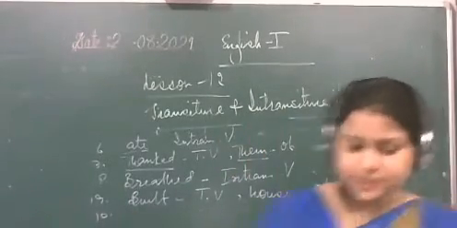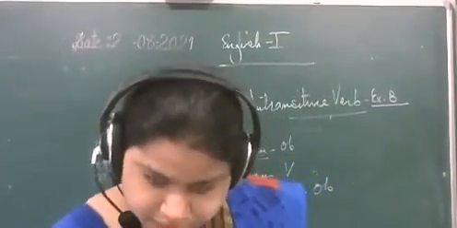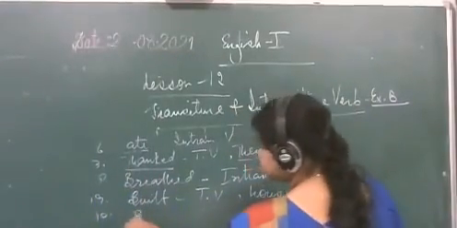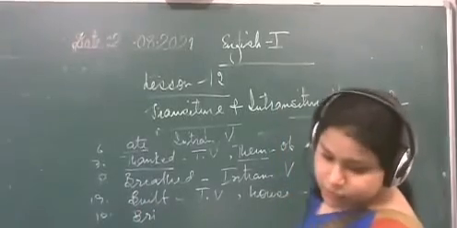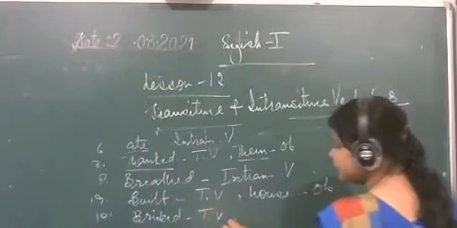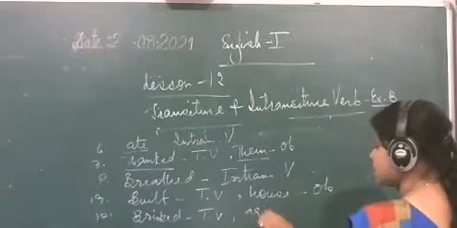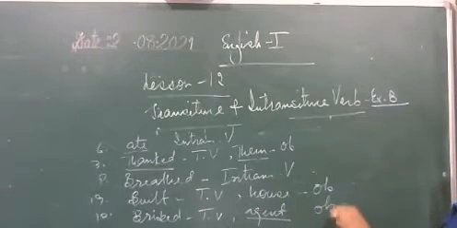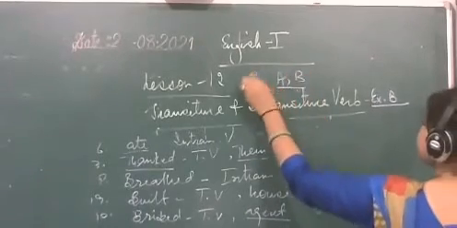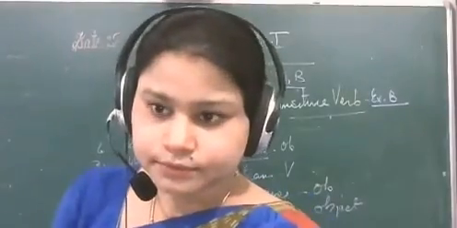Now the last one, that is 10: they bribed the agent for a job. So bribed is a transitive verb and then agent is the object. So students, we have completed exercise A and B. In this class today, we have completed exercise A and B.